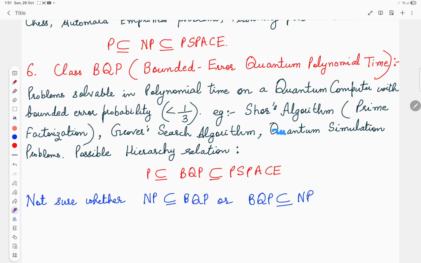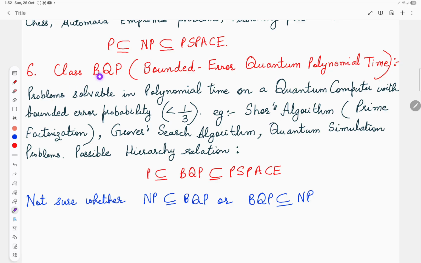So what happens is that using the quantum computer, it is possible to solve an exponential time complexity problem in polynomial time complexity using the quantum approach.